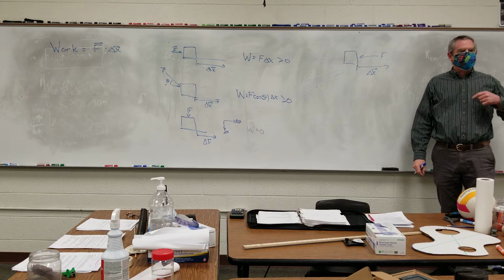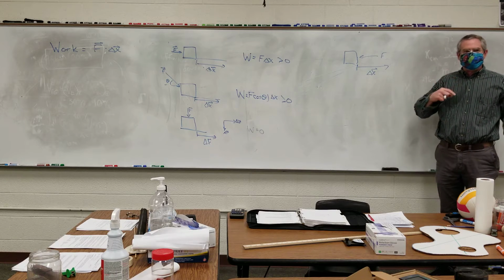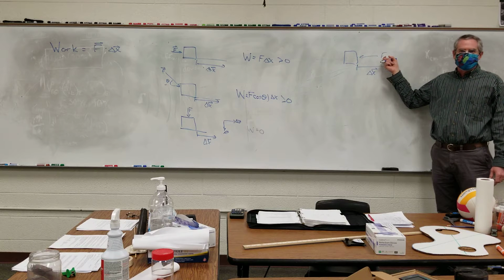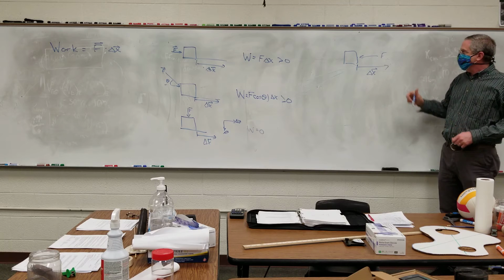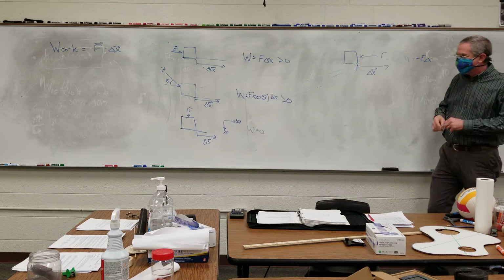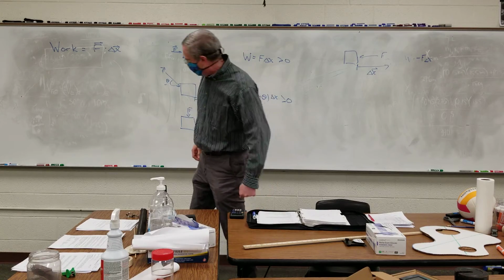If you don't get -1, then I suspect you're in radians instead of degrees. And that's where the negative comes in. So you can either think through it and go, oh, I know this is doing negative work, or just plug straight into the math and the negative will come out of the math. So the work is negative F times the distance. All right. So that's part of the recap.